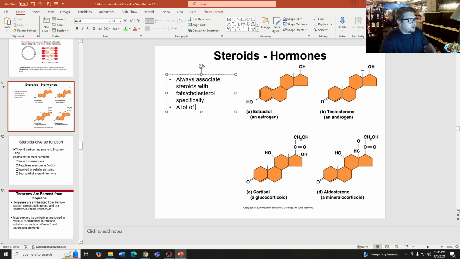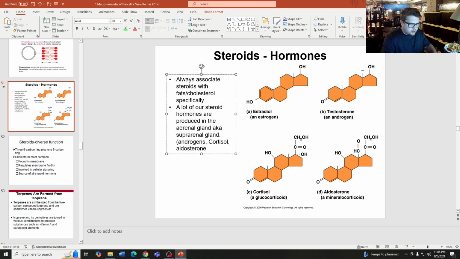A lot of our steroid hormones are produced in the adrenal gland, aka the suprarenal gland. It's a gland that sits on top of your kidneys. That is the androgens, cortisol, aldosterone, all that kind of stuff.